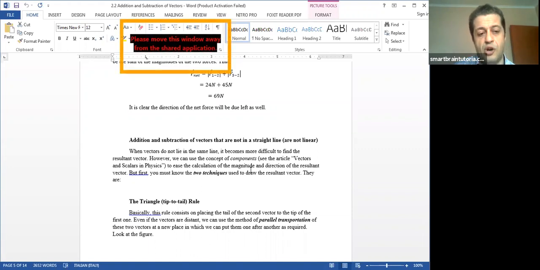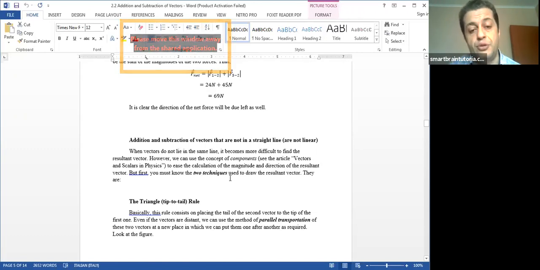That means obtaining the components as we saw in the previous topic, to ease the calculation of the magnitude and direction of the resultant vector. But first, we must know the two techniques used to draw the resultant vector.